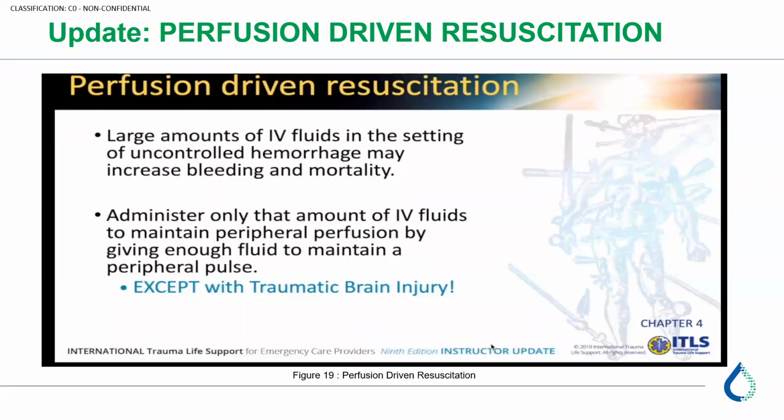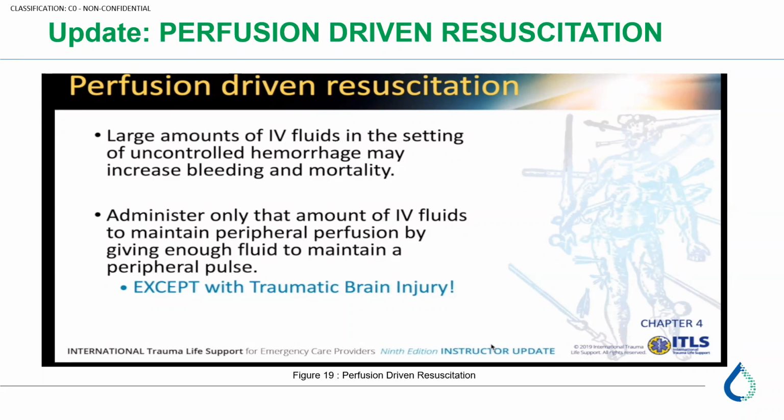Updates. Another update, this is the one for the 9th edition. Once again, instead of using 2 parameters of 80 to 90, we'll be focusing mainly on peripheral perfusion. Just palpate for a peripheral or radial pulse.